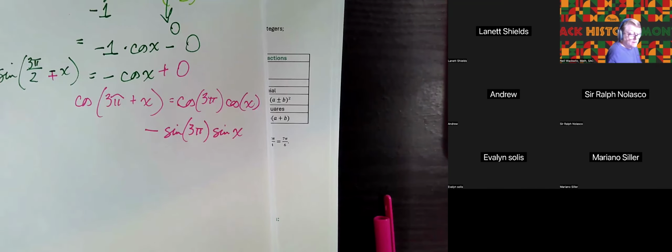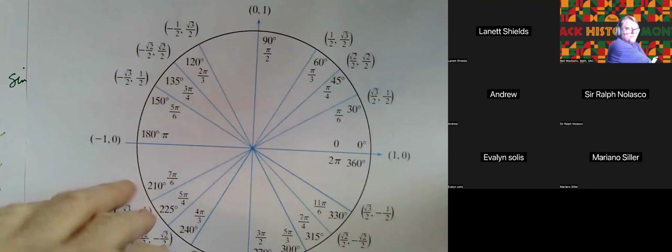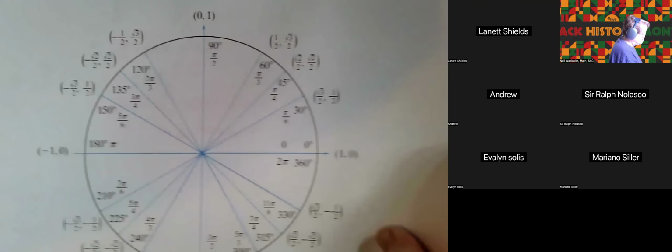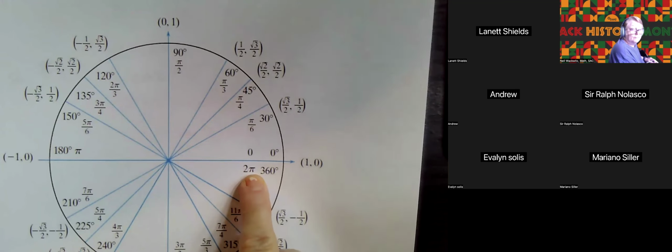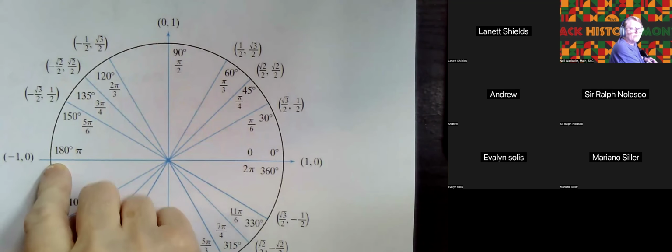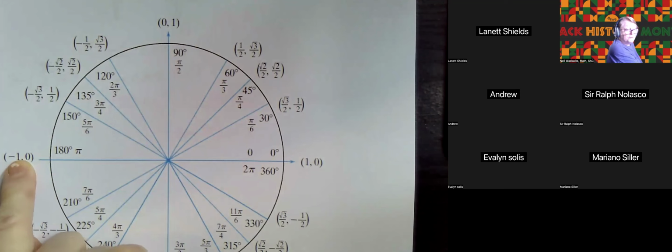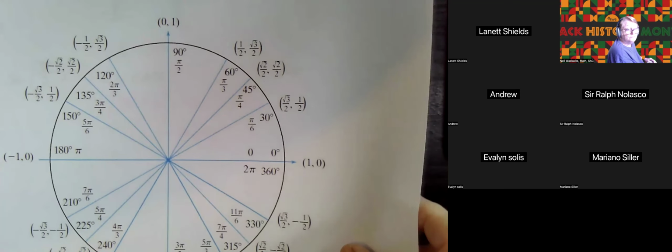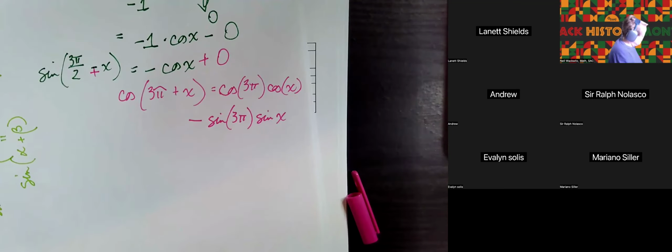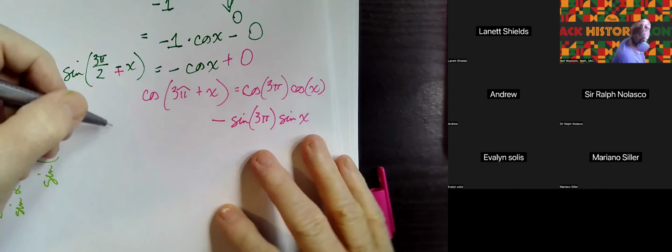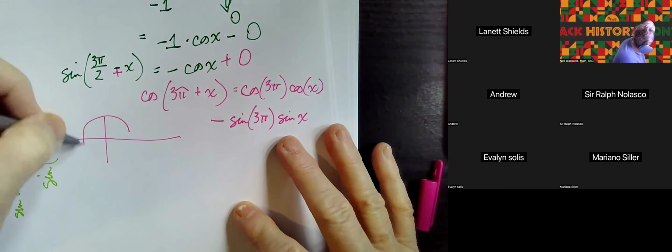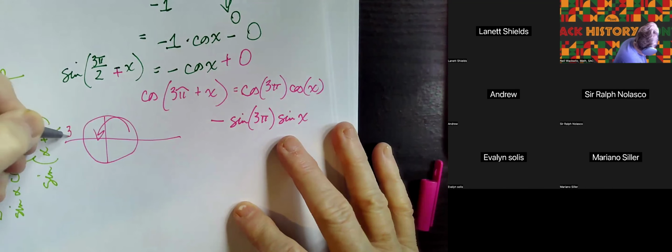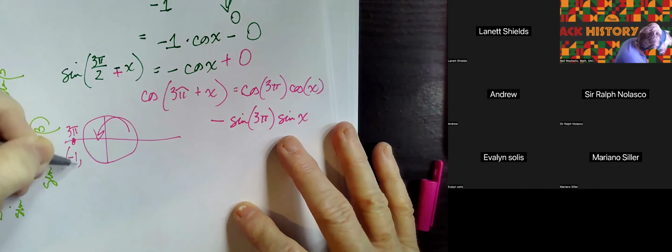Yeah, it looks right. And where on the unit circle is 3 pi? If 2 pi is that one side, just do another pi. Oh, okay. So the point -1, 0. Yes. Excellent. So at 3 pi we have the point -1, 0.